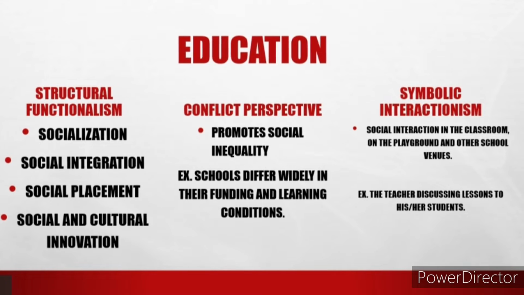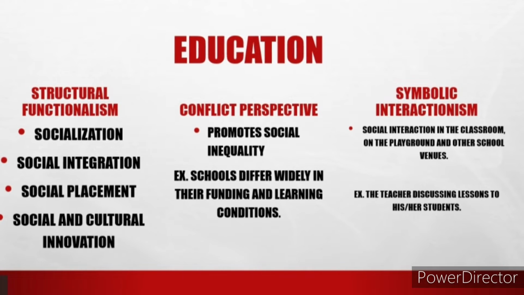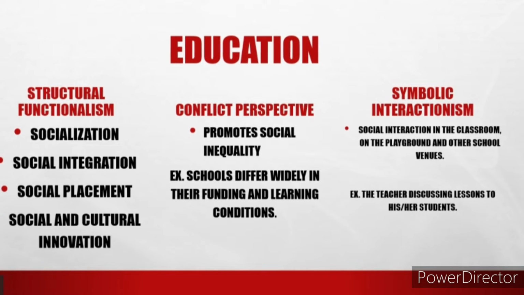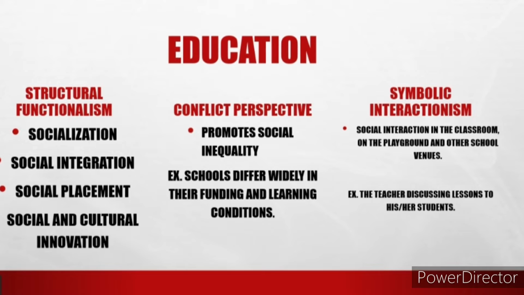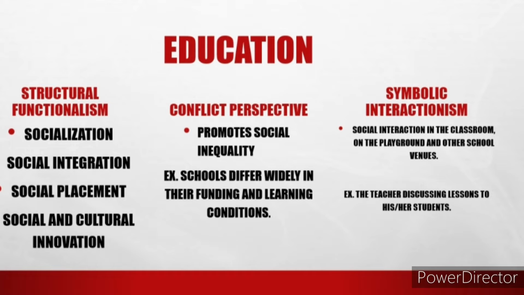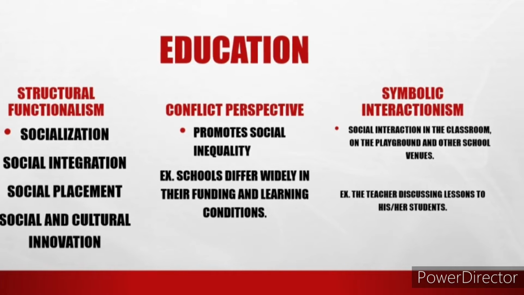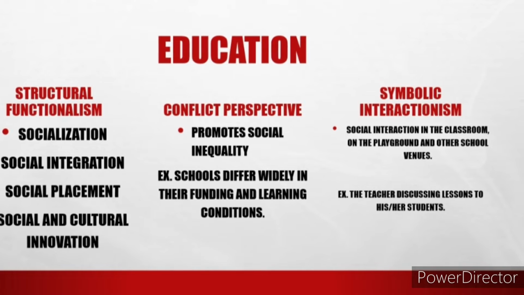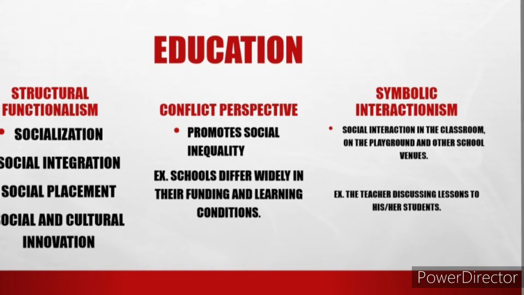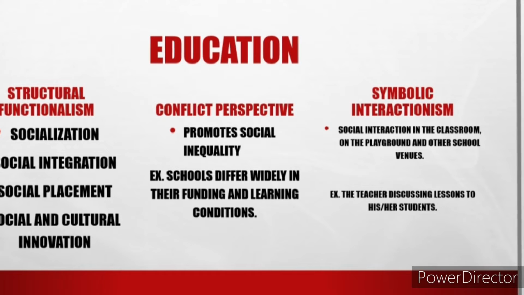In the conflict perspective of education, it promotes social inequality. So for example, schools differ widely in their funding and learning conditions. With regards to public and private schools, they say that if you have financial means, it is really better to enroll in a private school because they say the lessons are more advanced in private compared to public schools.